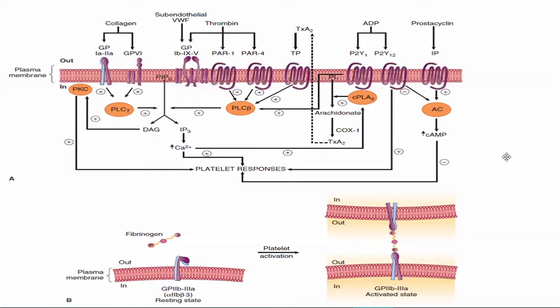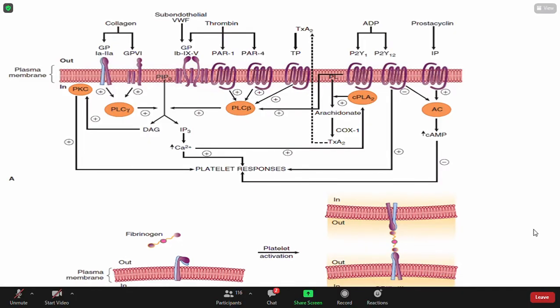Once activated, it will increase your cyclic AMP. And your cyclic AMP main action inhibits increase in intracellular calcium. So once inhibited ang increase in intracellular calcium sa platelet, maraming reaction ang hindi mangyayari. And may inhibit yung release reaction.